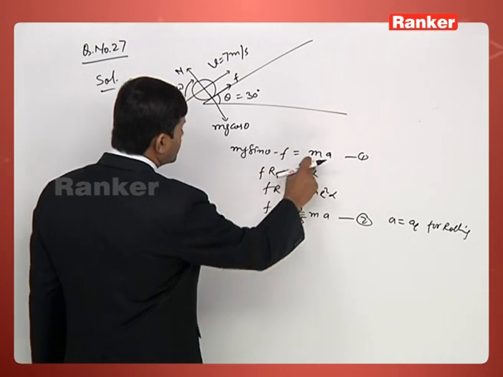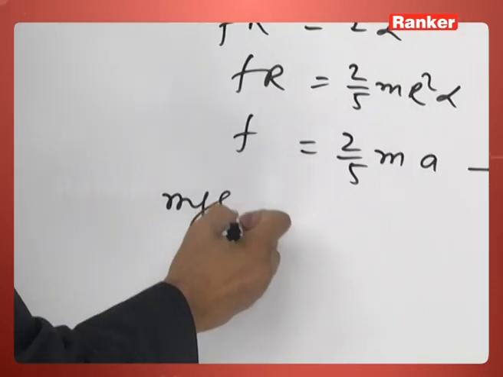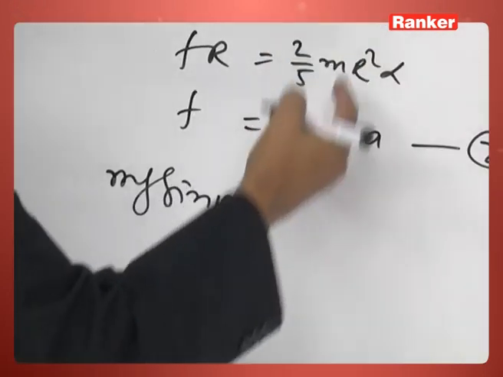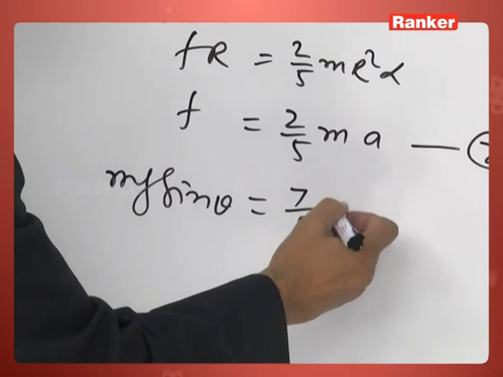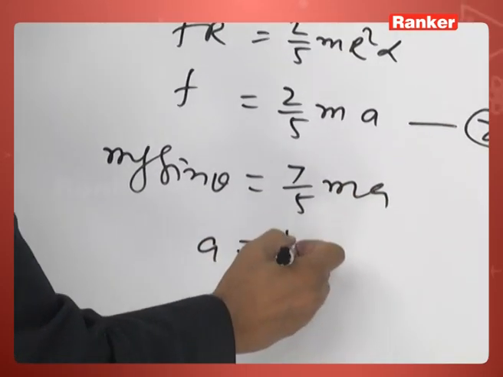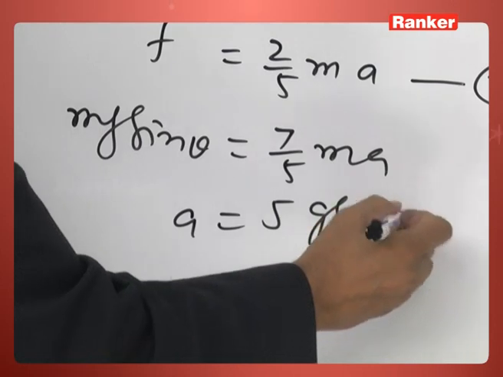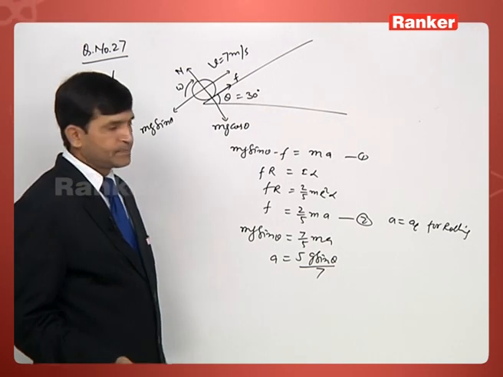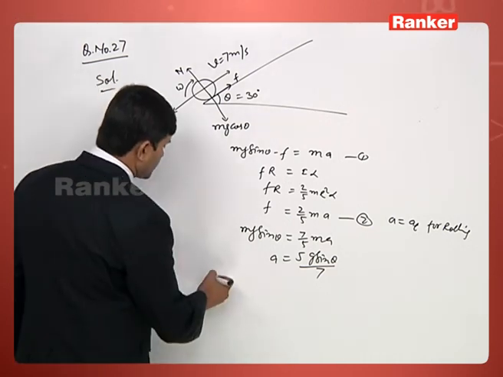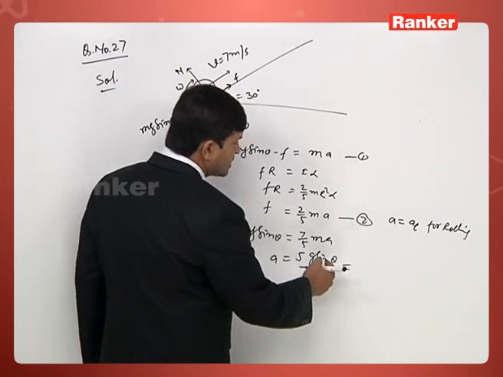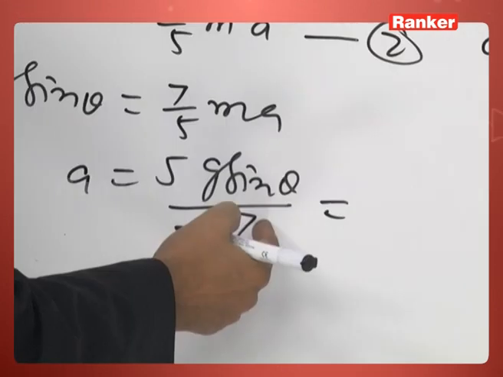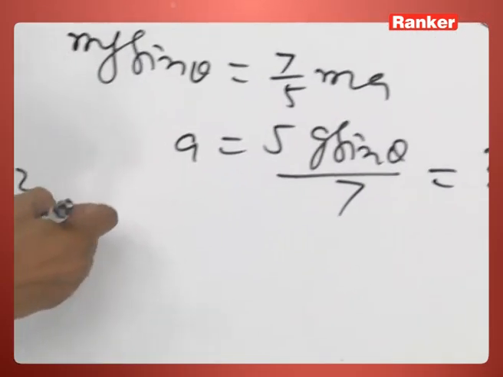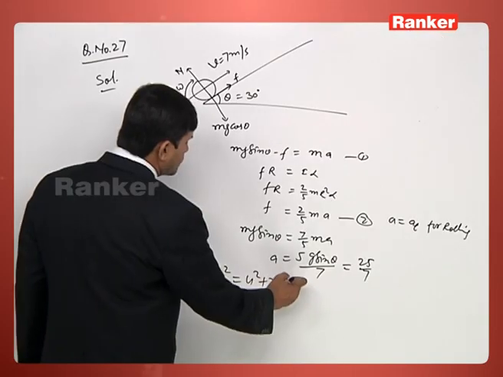Now if I am putting this value, mg sin theta is equal to 1 plus 2 by 5 is 7 by 5 ma. So a is 5 g sin theta by 7. This is the retardation it has. So now velocity 0. So v, and substitute the value, sin theta is 1 by 2. So this is your 25 by 7. Then v square is equal to u square plus 2as.